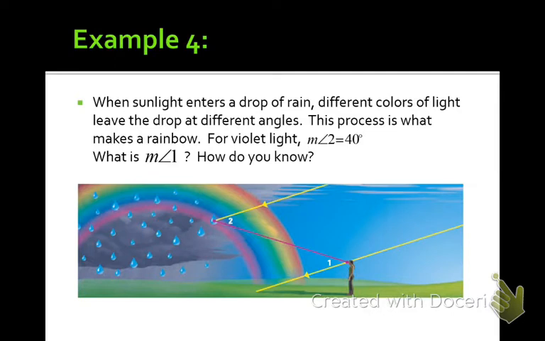Ellen? Alternate interior angles. Right. 2 is going to be the same as 1. They're both 40 because we have parallel lines. The yellow lines are parallel. The purple lines are transversal. They're on opposite sides and inside, so they're alternate interior angles.